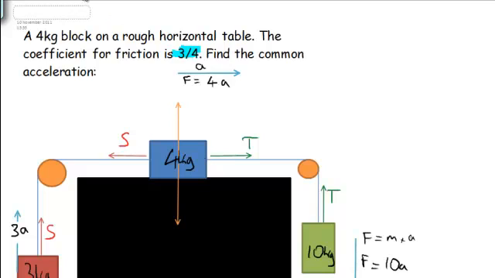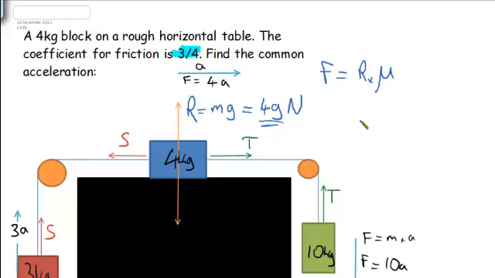Now we've nearly got all the vectors that we need. So that's the reaction. That's equal to the mass times acceleration due to gravity, which is equal to 4g. We need to know that, because friction is equal to the reaction force multiplied by the coefficient of friction.